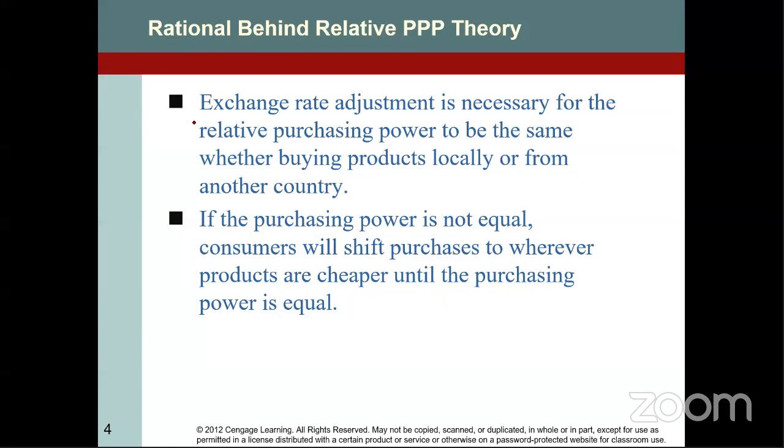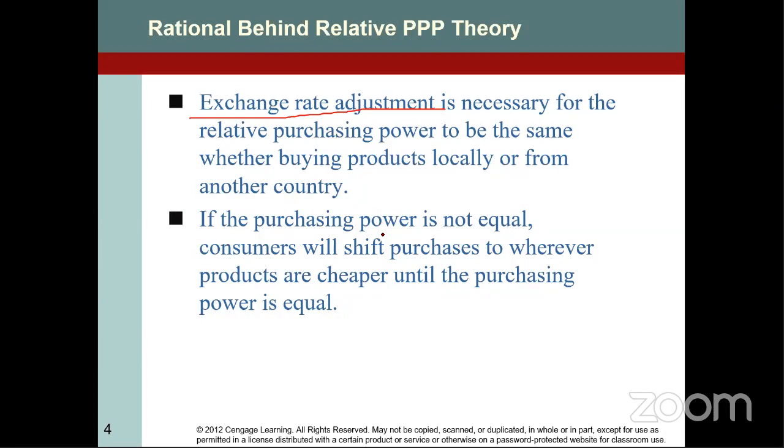The rationality of triple P is about the exchange rates adjustment. You have an adjustment of exchange rates because the purchasing power for the same goods in different countries is not the same. For example, an iPhone is cheaper in Singapore than in Indonesia. The same iPhone but different price.